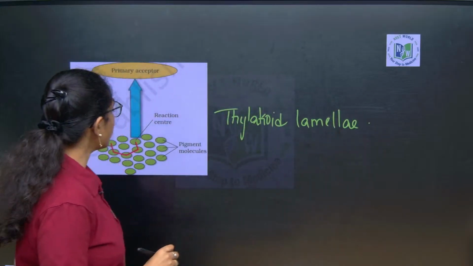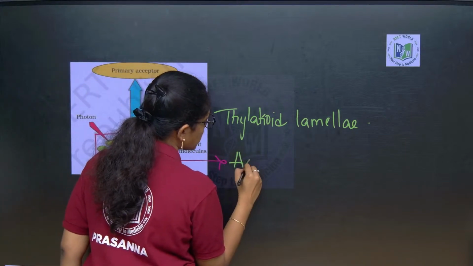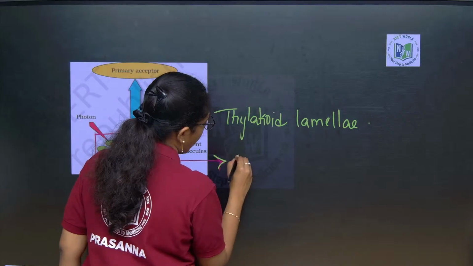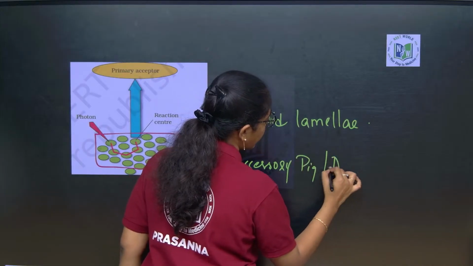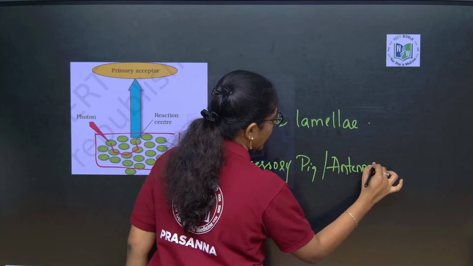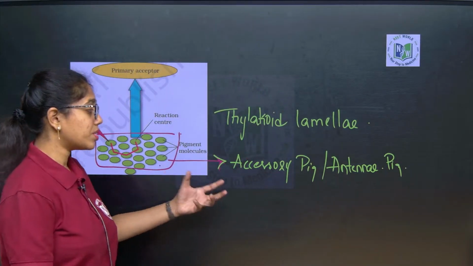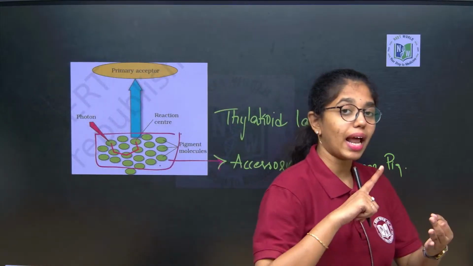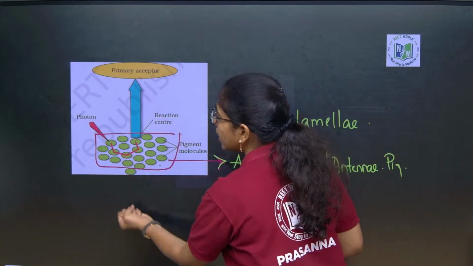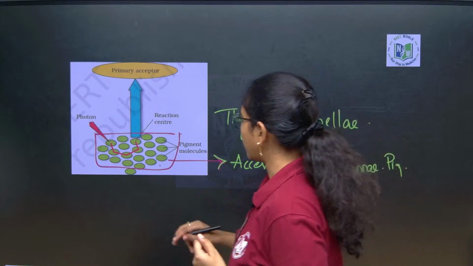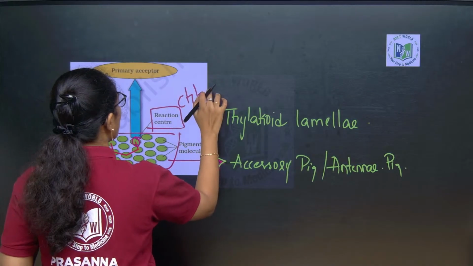Here, if you clearly see in the light harvesting complex, you can see all the accessory pigments or antenna pigments, which has pigments like carotenoid, xanthophyll and chlorophyll B. These absorb light at different wavelengths, and they will pass it to the reaction center. This is the reaction center, where the molecule present is chlorophyll A.